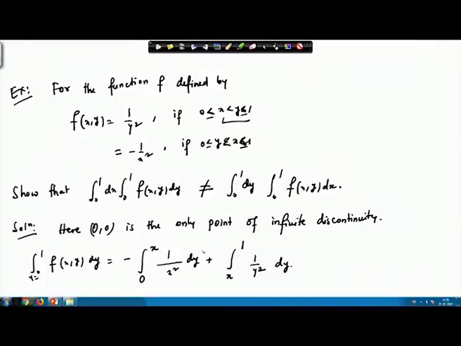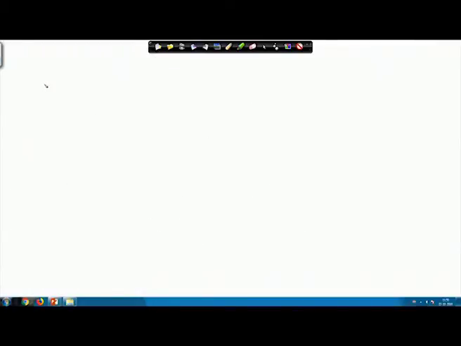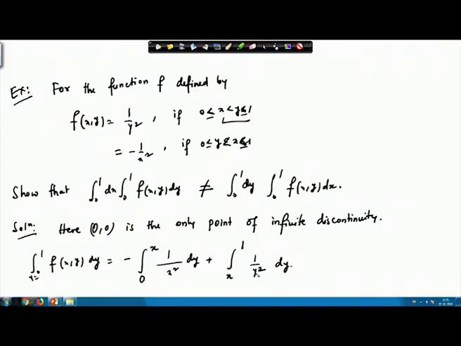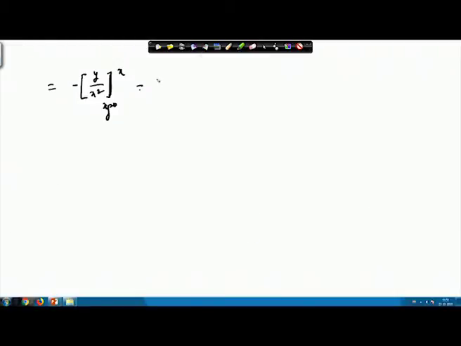Now, when we integrate, then the first term will be minus y by x square, with y running from 0 to x, plus we have 1 by y square. So, this will be minus 1 by y, and then y will be running from x to 1.